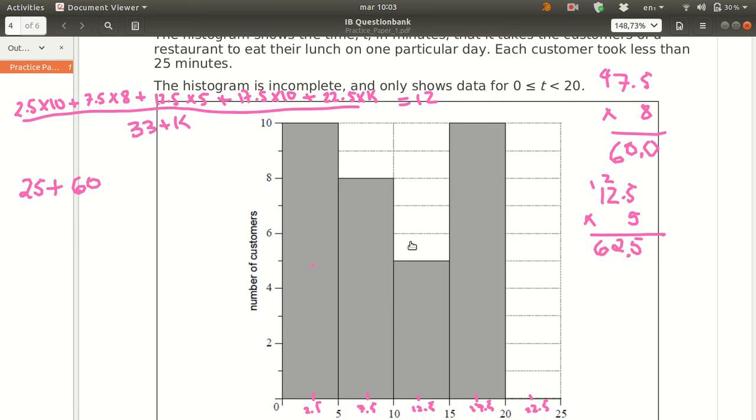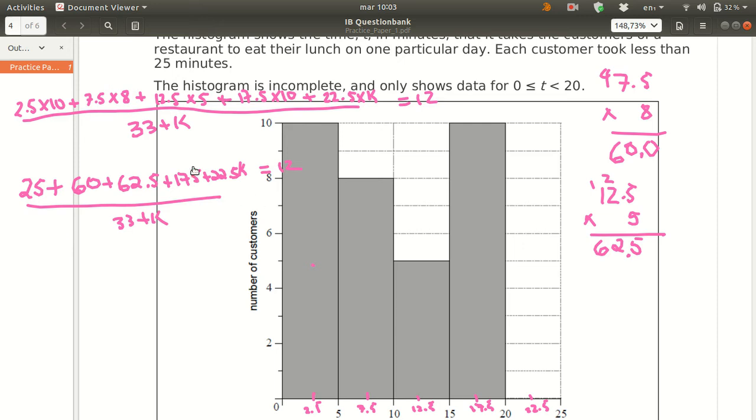So 62.5. Then 17.5 times 10 is 175, plus 22.5k, over 33 plus k, and this is equal to 12 again.